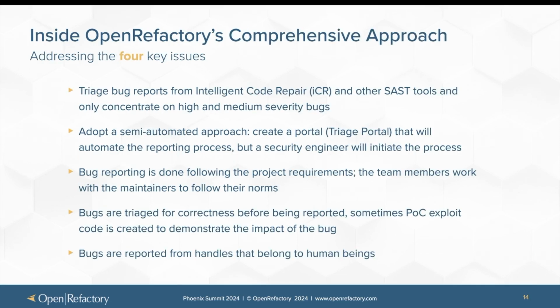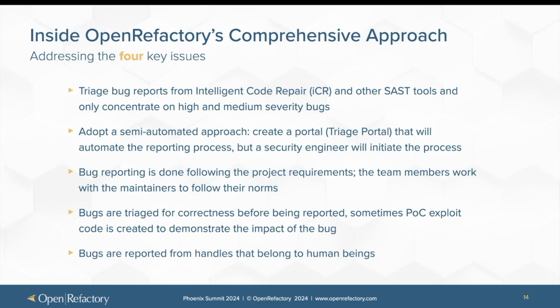So before we started the project, we wanted to create a policy that would address the 4 key issues identified before. We decided that we would triage the bug reports presented by intelligent code repair and other static analysis tools manually and only concentrate on high and medium severity bugs.